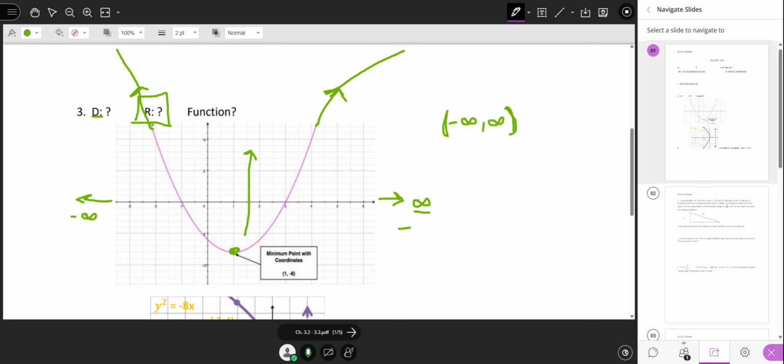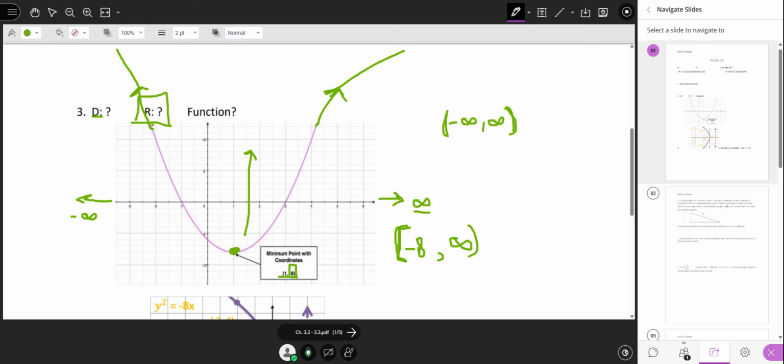You're going to start at the y value for the minimum, which is negative 8, and we use a bracket for that because we include that value. And we go on to positive infinity, with a parenthesis because we can't define it. But range, you always use this bracket when you're talking about your starting value in the y value. Does that make sense?